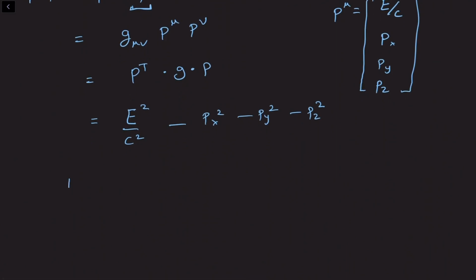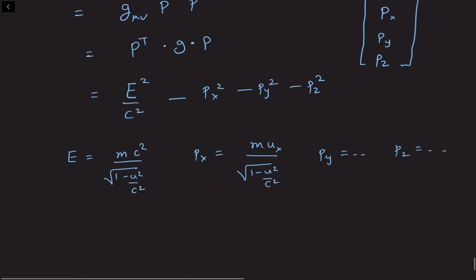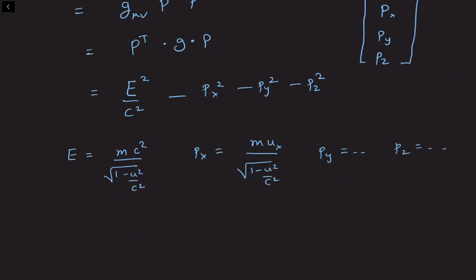And if we plug in expressions now for E, which was mc squared over the square root of 1 minus u squared by c squared, and for p_x, which is m u_x over the square root of 1 minus u squared by c squared, and so on for p_y and p_z, then what you would find is that this dot product would just give you m times c, which is Lorentz invariant.